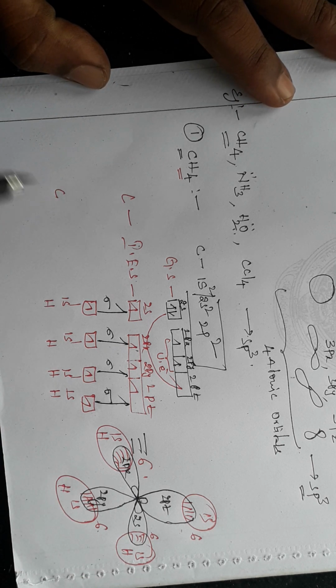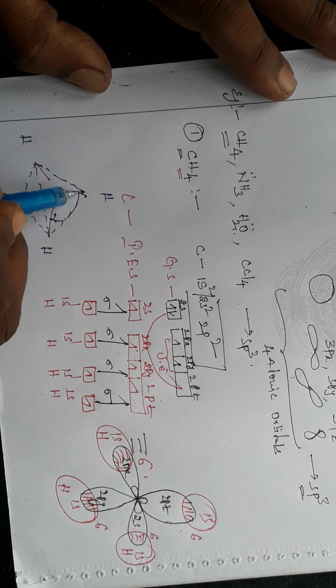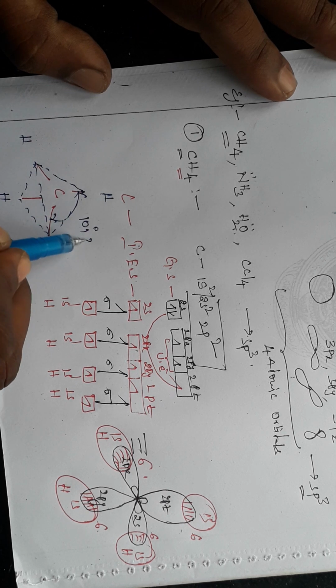Here the central atom is carbon, with four hydrogen atoms around it: one hydrogen, one hydrogen, one hydrogen, and one hydrogen. The structure has four hydrogen atoms, and the bond angle is 109 degrees 28 minutes.